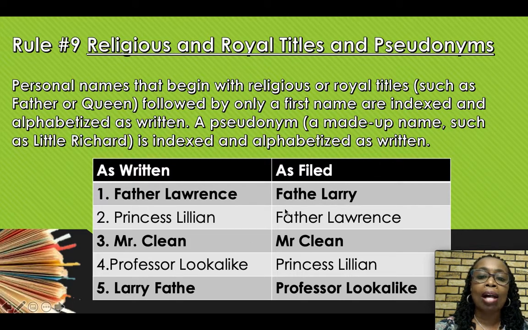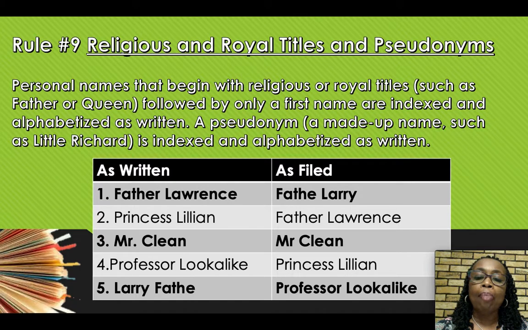So as filed, we will have Foth and Father. Comparing letter to letter, F to F, A to A, T to T, H to H, E to E, and there's nothing after the E in Foth. Therefore, the rule, nothing before something, applies here. So Foth will come before Father Lawrence.